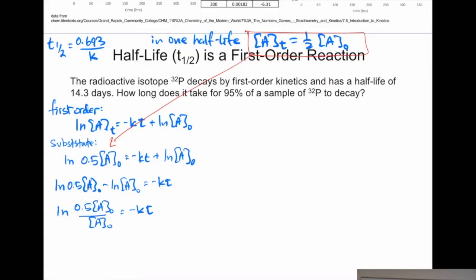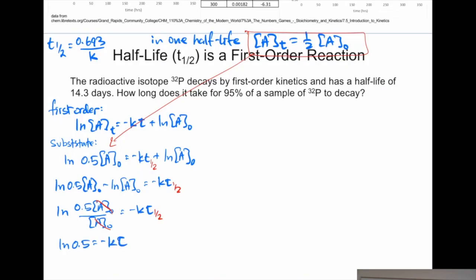And by the way, now that we're doing this, this is t 1/2, the t half-life. Because once I made that substitution, t becomes the time for this concentration to be half of what we started with. Now everything's in terms of A sub 0, so that cancels out. Whatever the initial concentration was, it cancels out. And what we're left with then is the natural log of 0.5 is equal to minus kt.